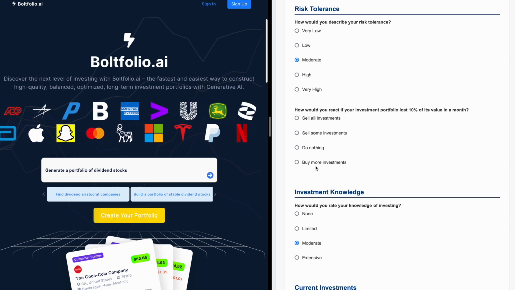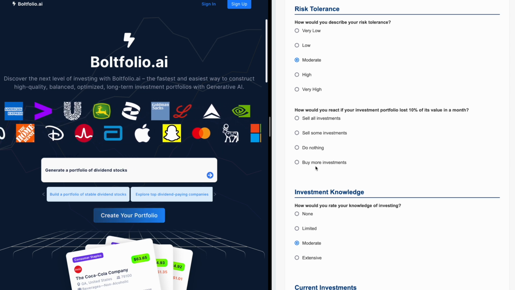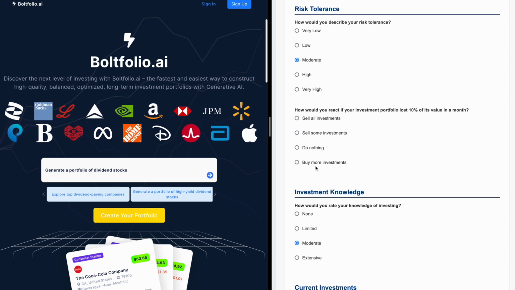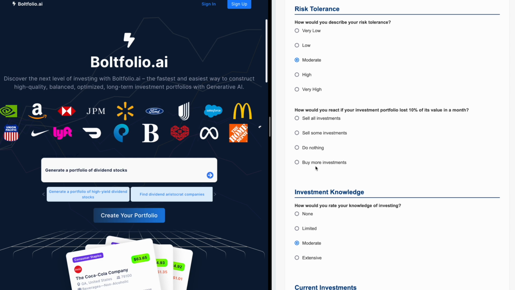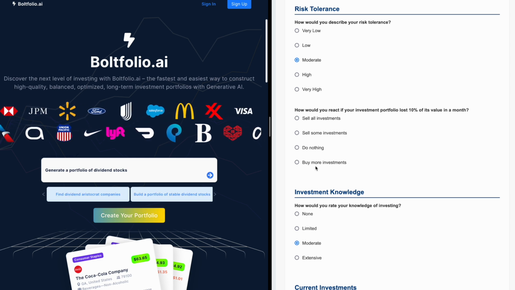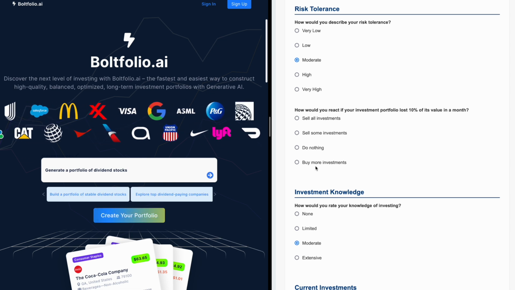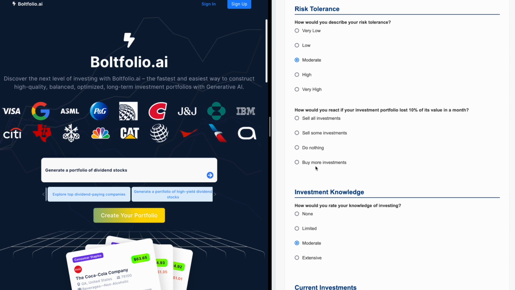I still believe in the company, and even though it has retrenched a bit or sold off, if I still believe in the story and the prospects are strong over the long term, then a 10 to 20 to 25% sell-off in a single month is not going to shake my resolve. So that's why these questionnaires require some nuance.